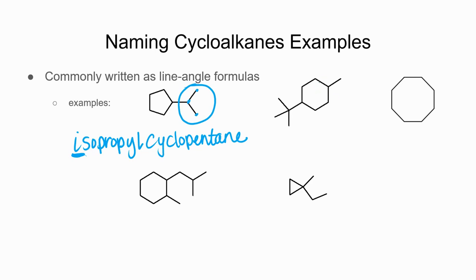Over here, we've got cyclohexane for the root of our name. Oops, need that L. Not sure we're going to be able to read that. Okay, over here, we've got cyclohexane. Right here. And then we've got some groups on cyclohexane.